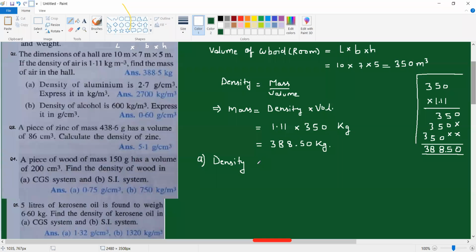So 2.7 gram per centimeter cube. So how do we convert 1 gram per centimeter cube into kg per meter cube?